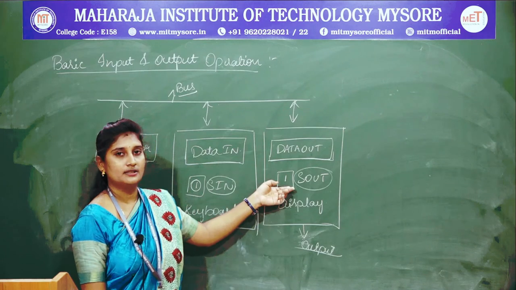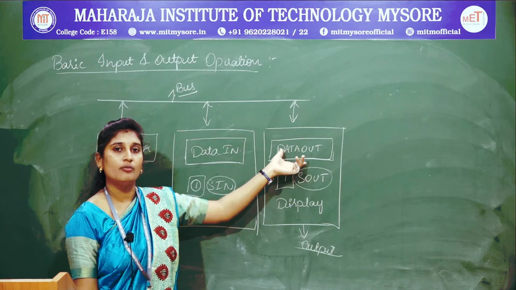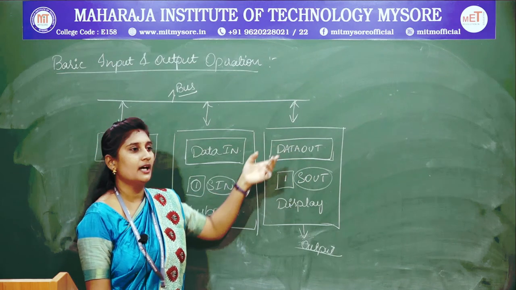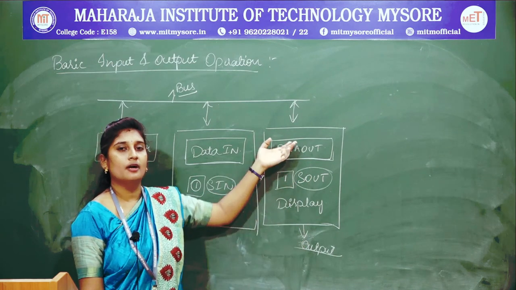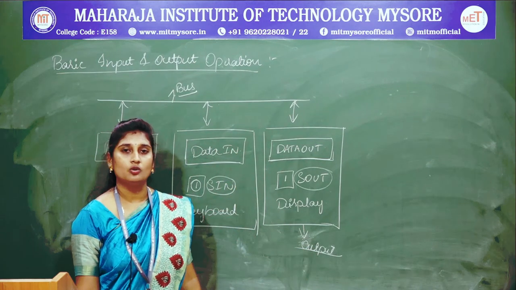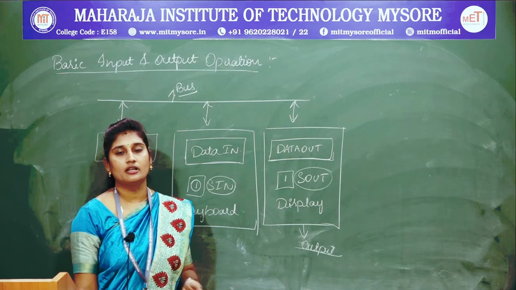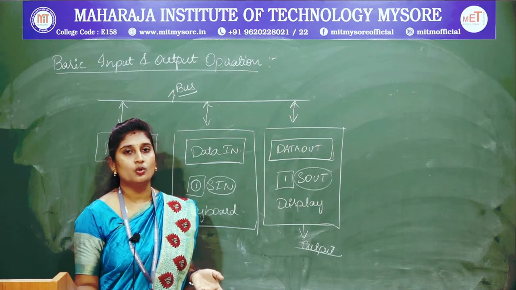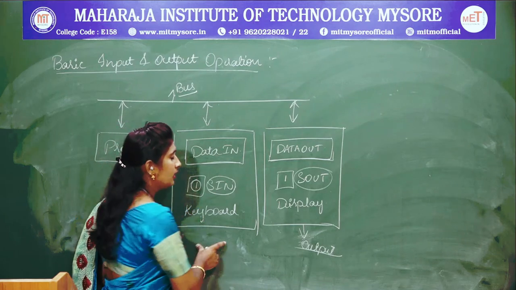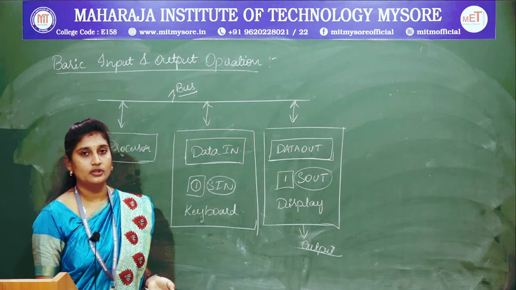When S out is set to 1, it means some data is present in the data out buffer register. So now the data is being transferred from the processor to the display unit, that is your output or video terminal. This is how you will be synchronizing the operation between your input device and your output device.